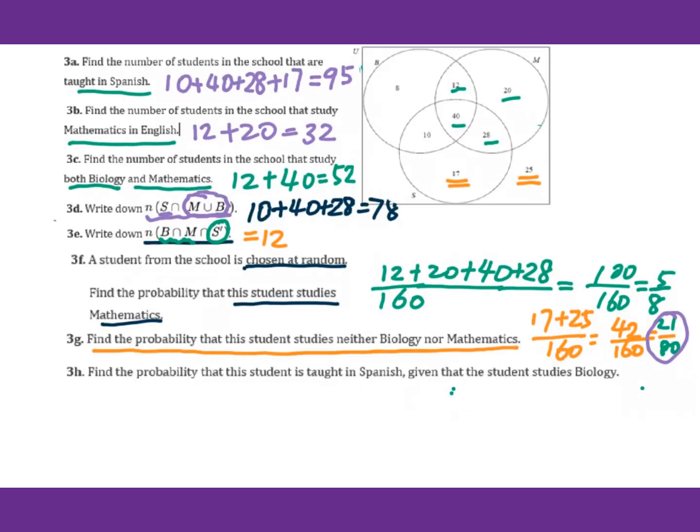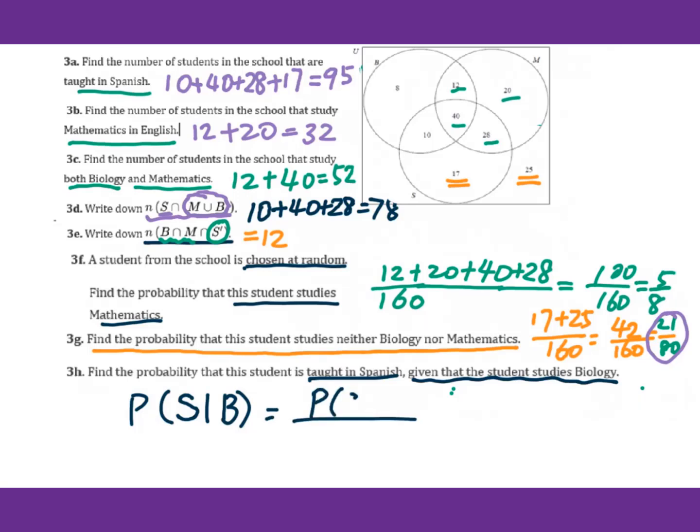Go to the last question. Find the probability that the student is taught in Spanish, given that the student studies biology. We are looking for S given B. In other words, we need to do S intersect B over probability of B. Spanish and biology, that's these two.